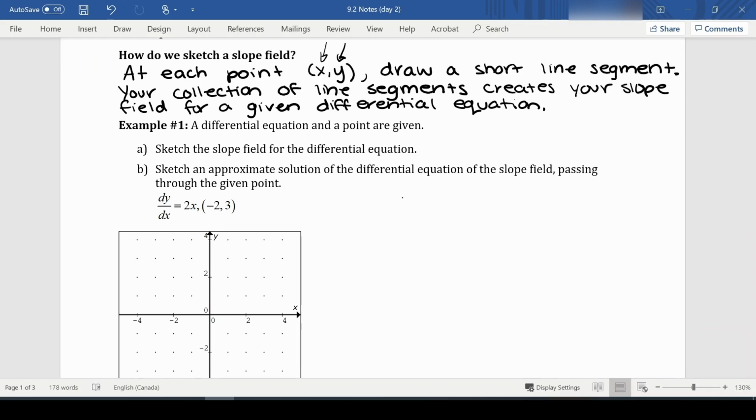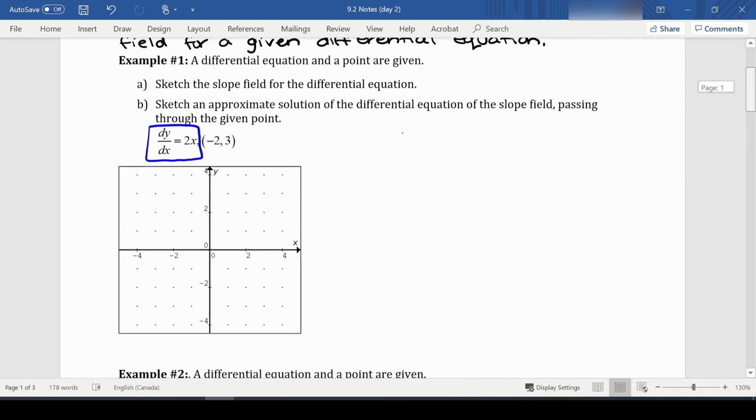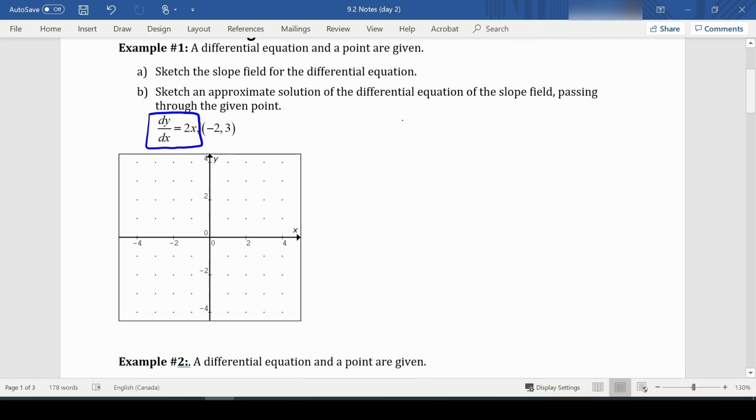So we have a differential equation, dy dx equals 2x. This is our differential equation, and we're going to sketch the slope field for it. In order to do that, we need to figure out at each point in our grid what the slope of our line segment is, and we're going to do that by using the differential equation.